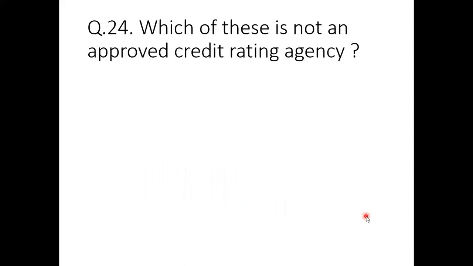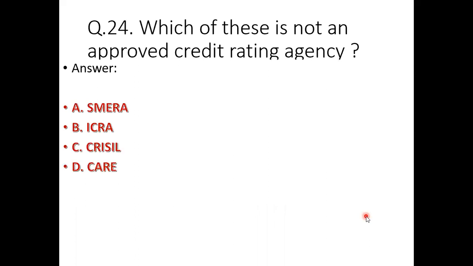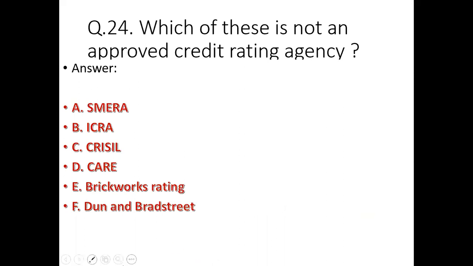Now 24. Which of these is not an approved rating agency? Dun & Bradstreet is not approved in India. It's a global rating. Even Fitch India is approved, but the question is about RBI approved rating agencies. Dun & Bradstreet is also a rating agency, but they rate mostly global corporates.